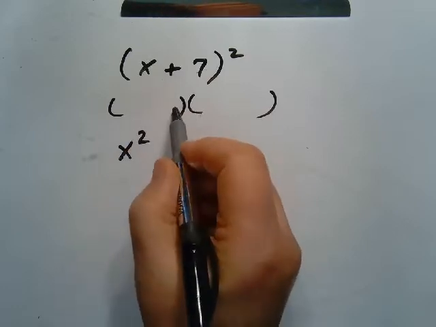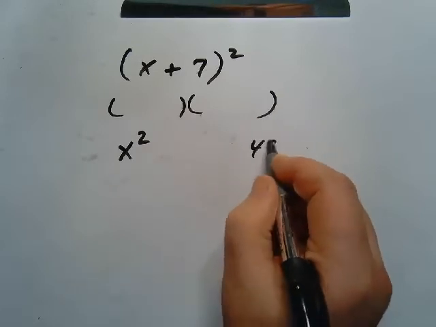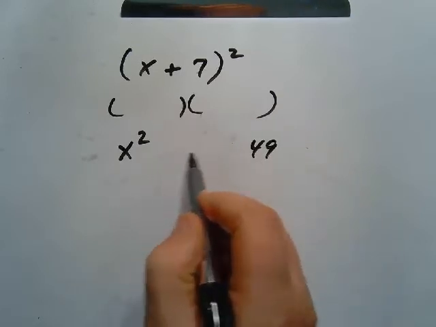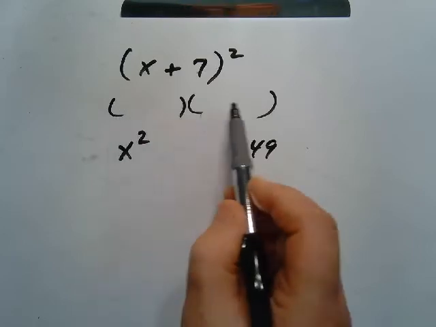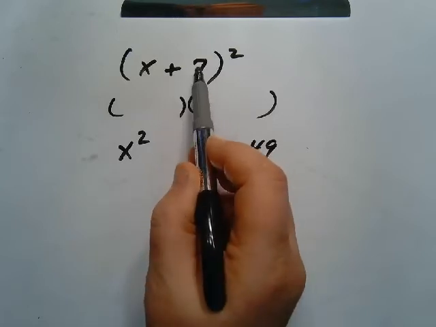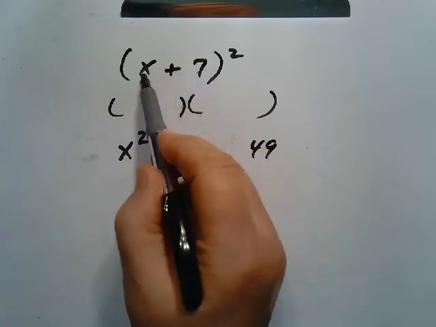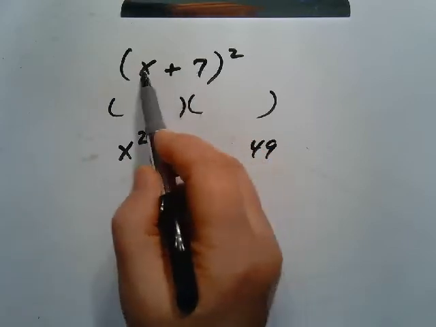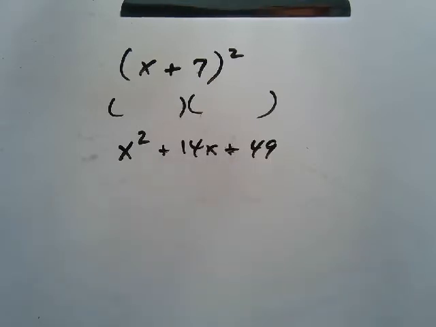And we know the last is going to be 7 times 7, which has to be 49. So the real question is, what are those two middle terms, which are the same? Well, it would be x times 7 and another x times 7, or 7x plus another 7x. I'm just going to get 7x and double it. 7x doubled would be 14x. So there we go. We can move straight to it.